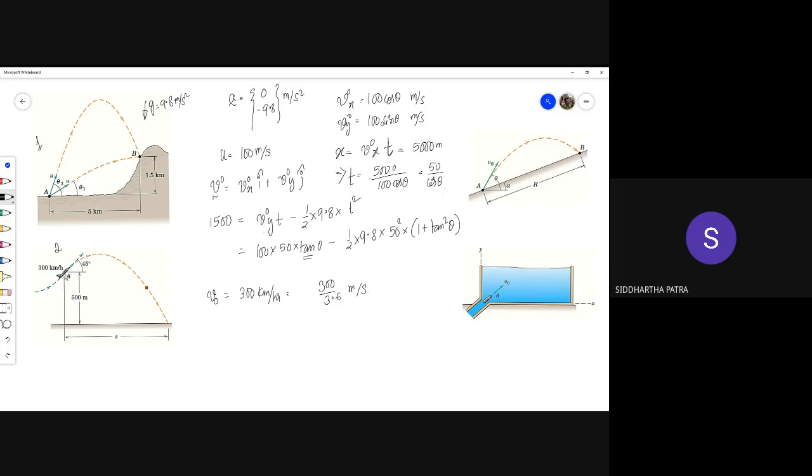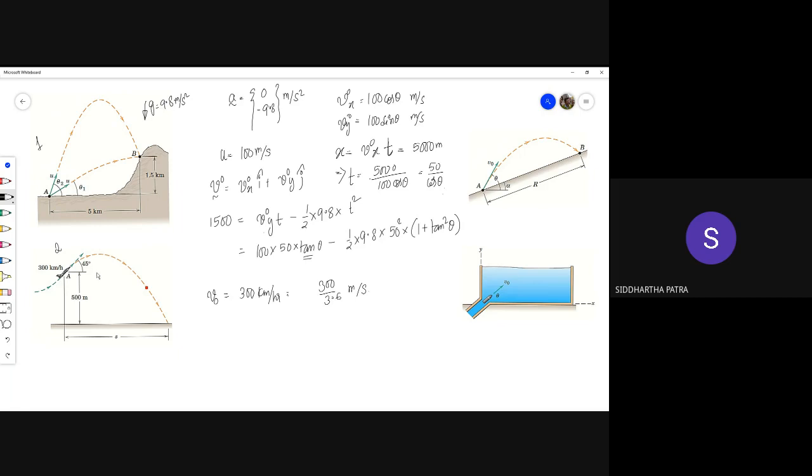And at that point a package was released from the airplane. So basically, that is to give you the hint that the package was actually moving with the velocity, or the speed, of the airplane itself. So the initial velocity for the package is this much, and that makes an angle of 45 degree with the horizontal.